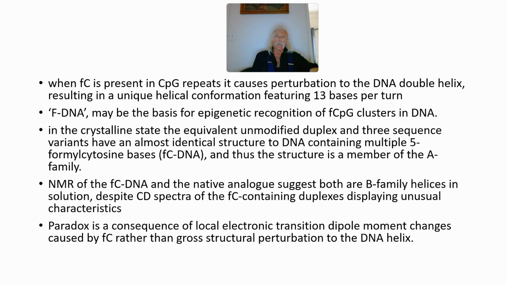Besides affecting the transcription rate of the gene in variable ways, which we've talked about and we will talk about again soon, what happens actually to the physical chemistry of the DNA? Well, it causes a perturbation to the DNA double helix. That can result in a unique helical conformation, which will provide for a 13 base pair turn in the DNA.